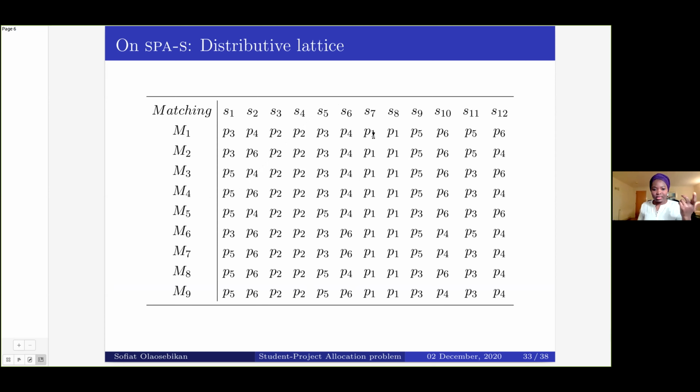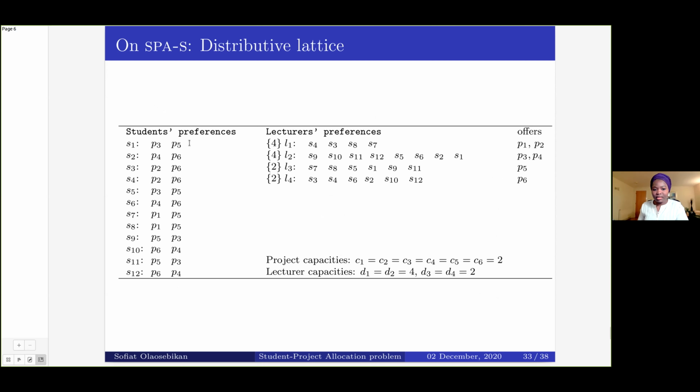So what that means is that, very briefly, if we look at M2 and M3 here, for instance, student 1 is assigned P3 in M2, P5 in M3. But in M1, she's assigned P3. What that means is that S1 prefers P3 to P5. And we can verify that by looking at the instance.